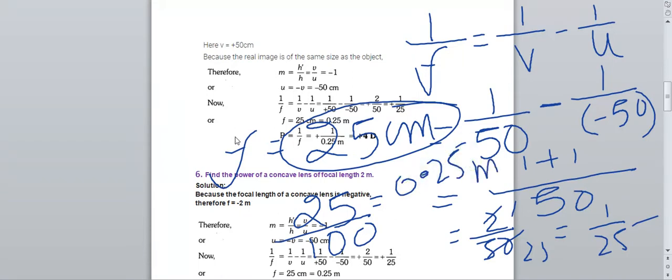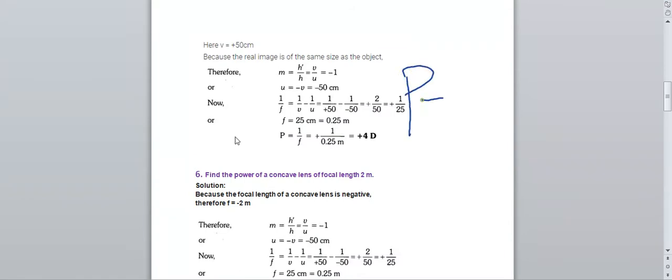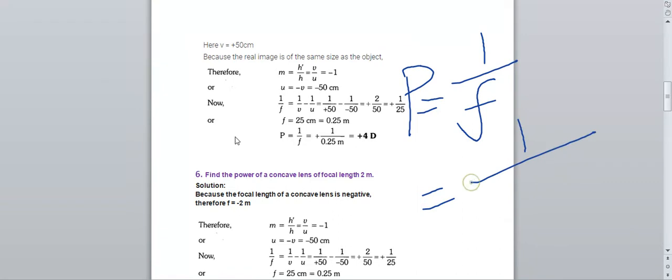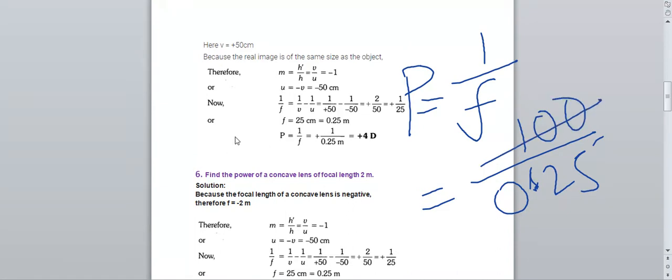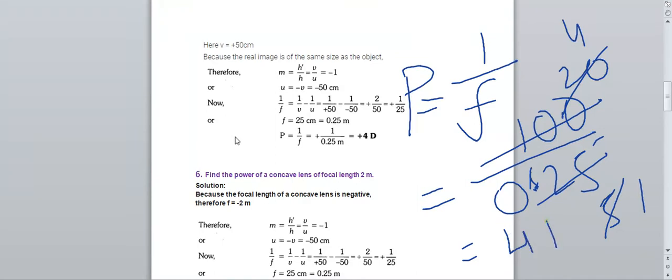Now the formula for finding the power of the lens is 1 by focal length. 1 divided by 0.25. If we remove the decimal, we can put 2 zeros at the top. 5 20s are 100, so your answer will be 4 diopter. 4 diopter is the power of the lens.